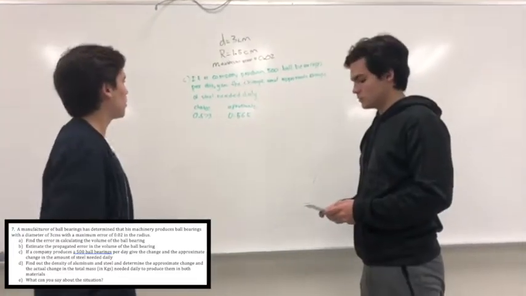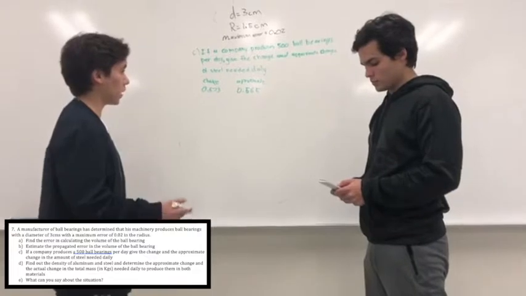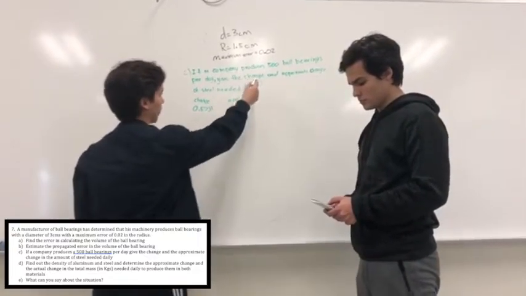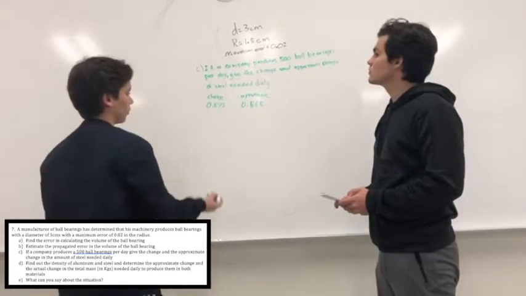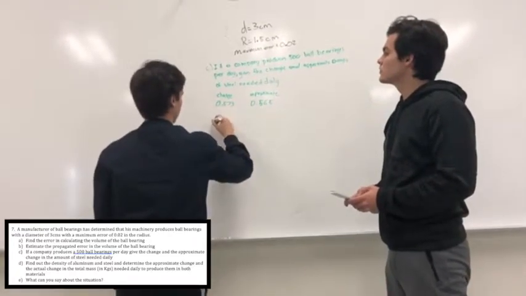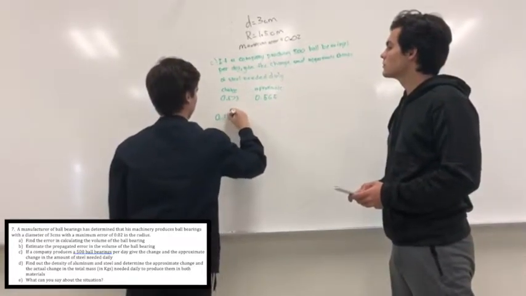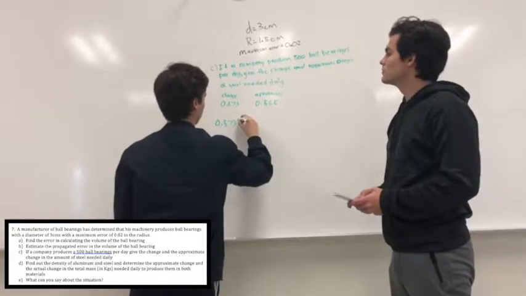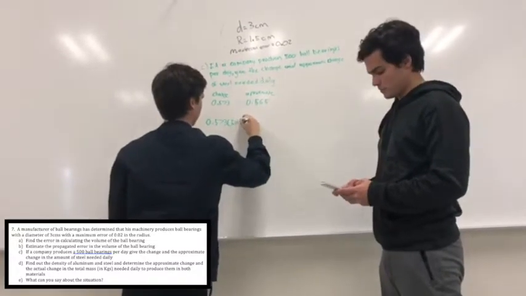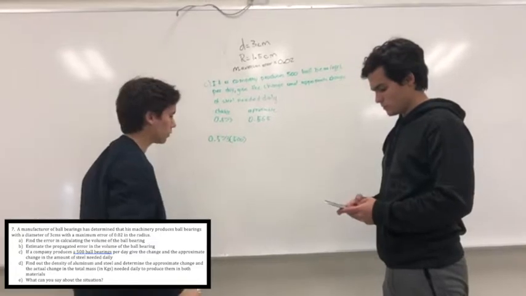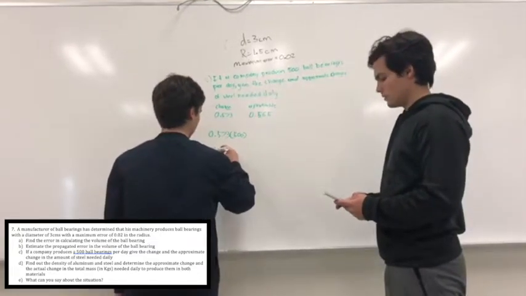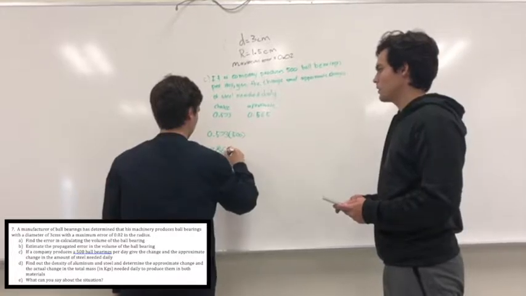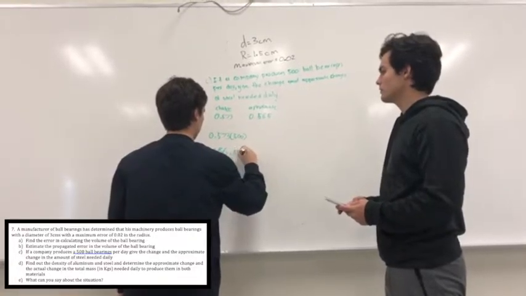In part C, we have to find the approximate change and actual change if the company produces 500 ball bearings daily. We do this, we have our change here, 0.573. We multiply this times 500, which gives us 286.5.